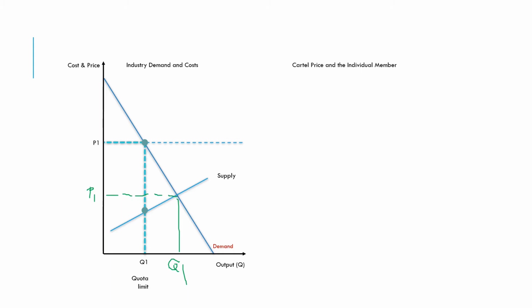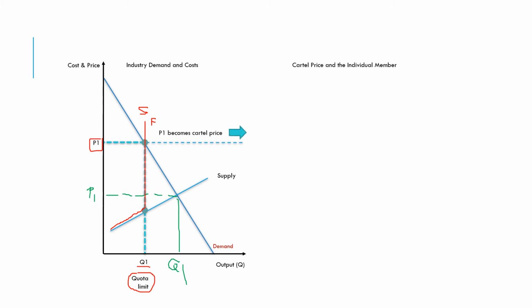Effectively, we're going to change the supply curve. And so at Q1, that's going to be our fixed limit of supply. Now, if they fix supply and limit the amount they produce as countries to Q1, the impact here is they can raise the market price to P1.